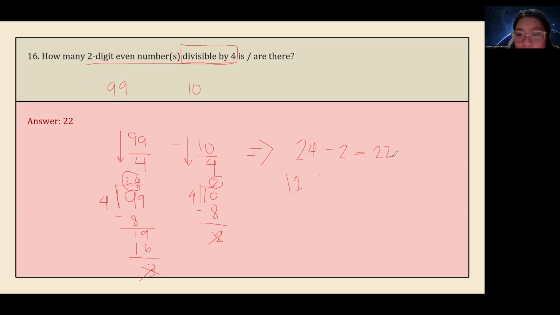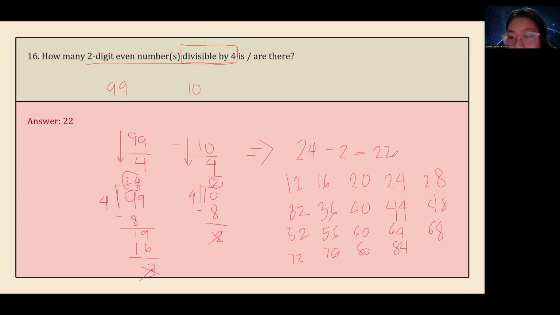So 12 plus 4, that's 16. 16, 20, 24, 28, 32, 36, 40, 44, 48, 52, 56, 60, 64, 68, 72, 76, 80, 84, 88, 92, 96.